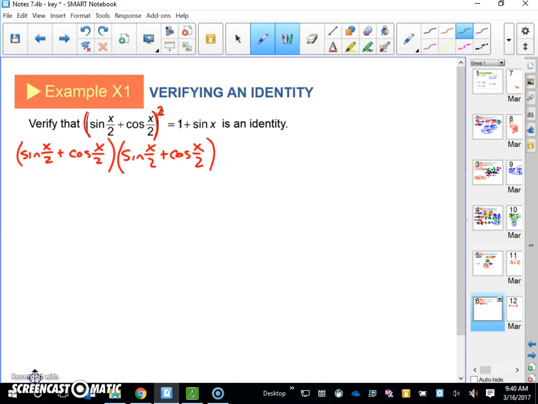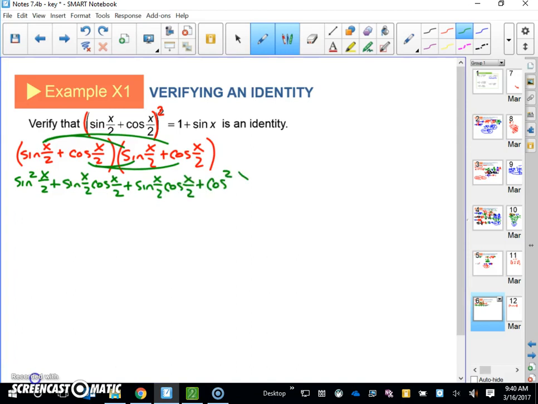So double distributive property, we're going to have sine squared x over 2 plus sine x over 2 cosine x over 2 plus another sine x over 2 cosine x over 2 and plus cosine squared x over 2.